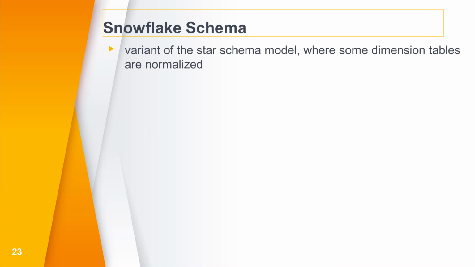This is a variant of the star schema model where some dimension tables are normalized, hereby further splitting the data into additional tables. The major difference between snowflake and star schema is that the dimension tables in the snowflake model may be kept in normalized form to reduce redundancies.